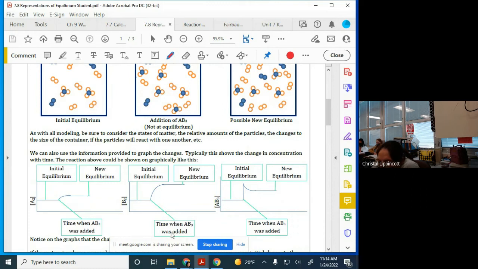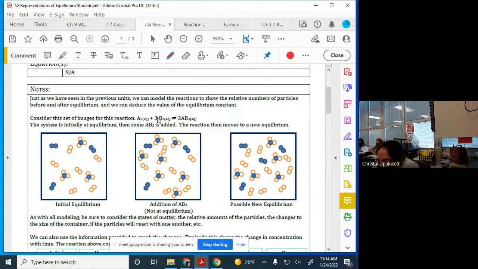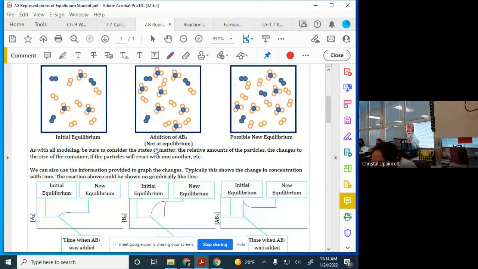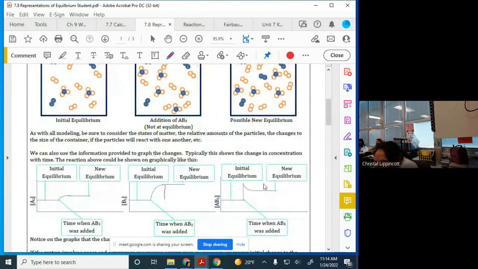Well, we added the same amount of AB3. Why is that line so much higher here? There's three. It goes up. It increases at a 3-to-1 ratio, and then your AB will go up right away.